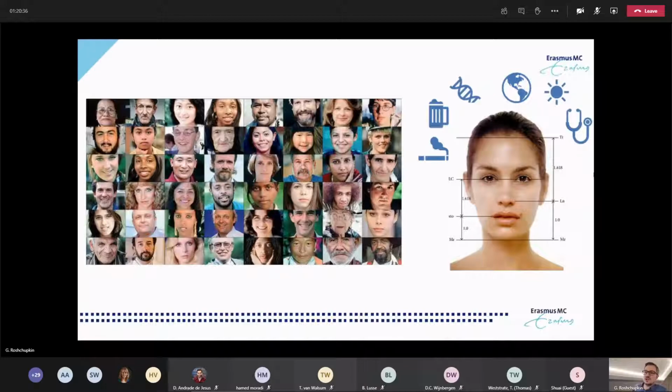Another example that we're working on is facial analysis, because that's the same. On one hand, we're quite similar with our face, but there is a lot of variability, and actually face serves as the health mirror for your global health condition.